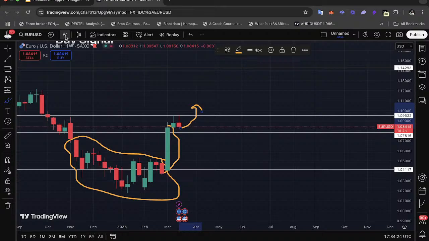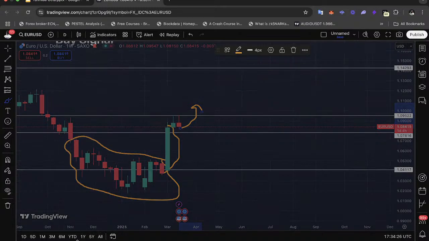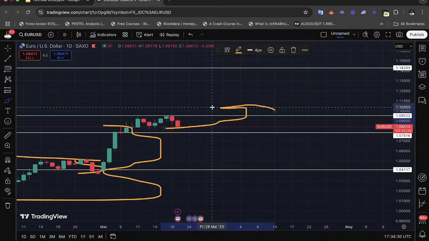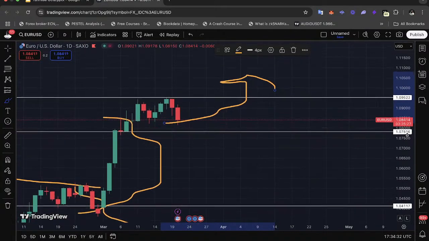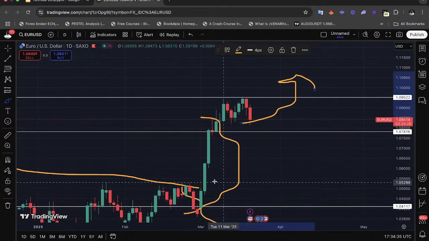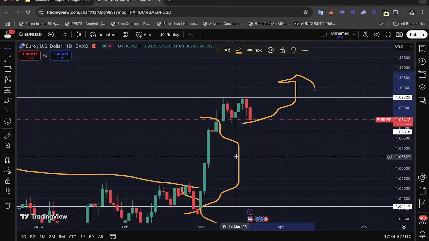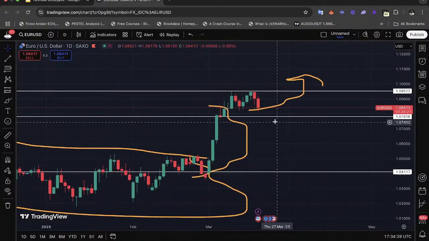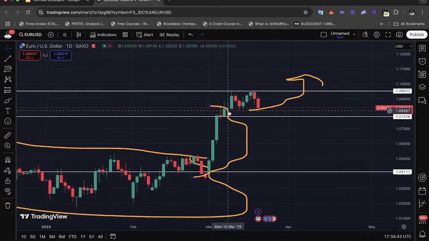And when we go down to the daily time frame, it's more clear that this is not a cup or curve like you said. This is a pullback.